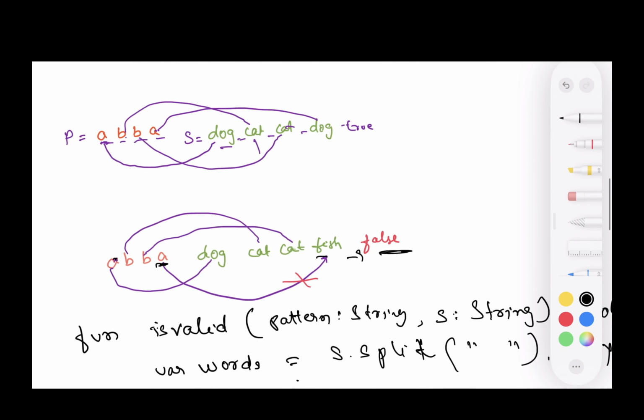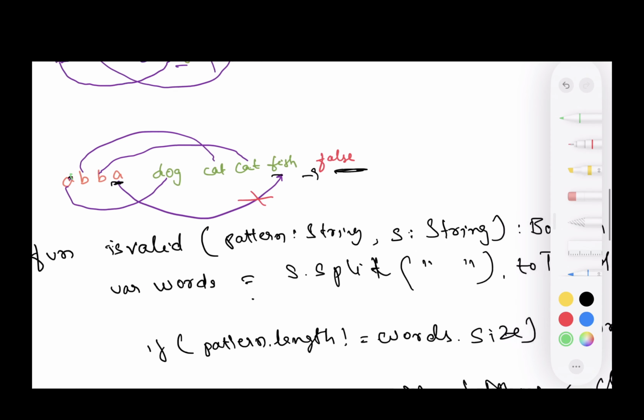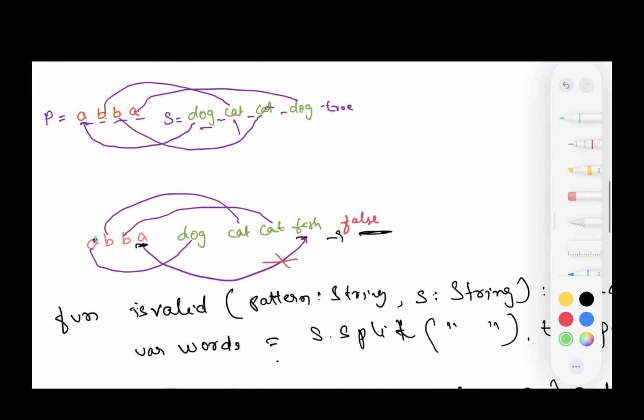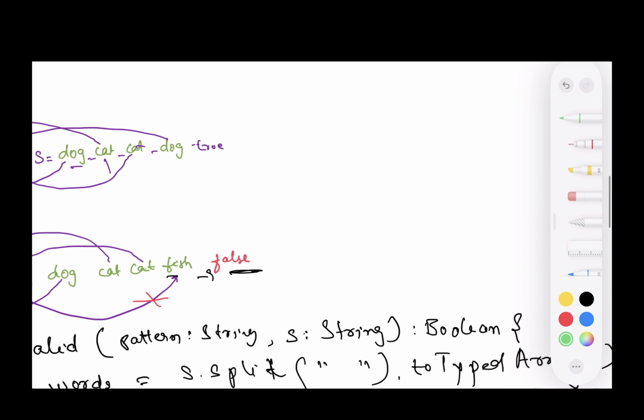What I'm trying to say is, let me annotate with a different color. Let's take another example.